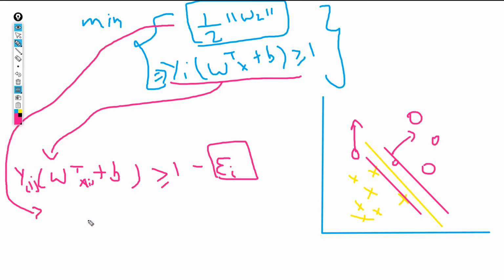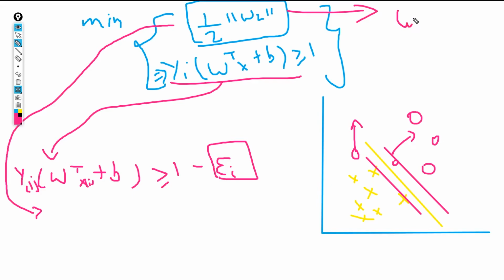This equation is now going to be, let's suppose, 1 upon 2 of the norm squared. First, let's not take this. This is very difficult to solve, so I'm going to take the square of this.